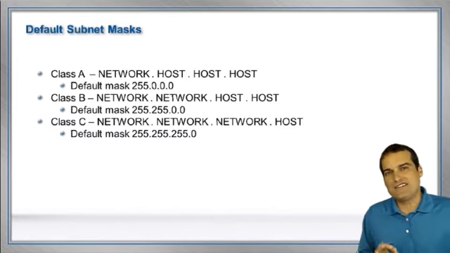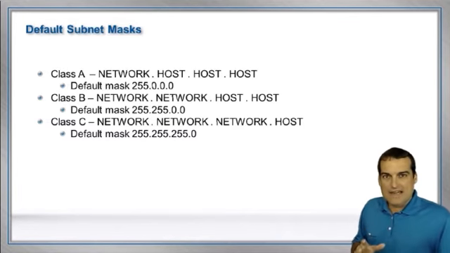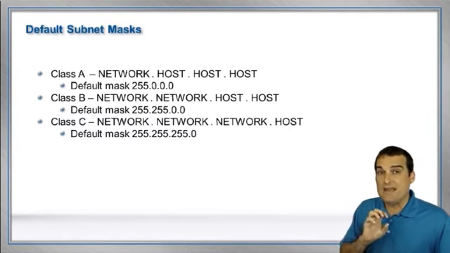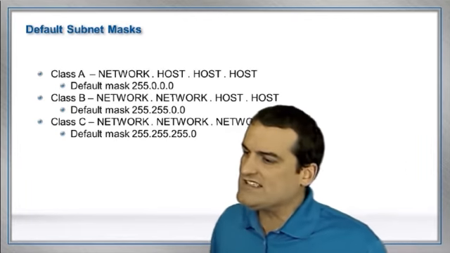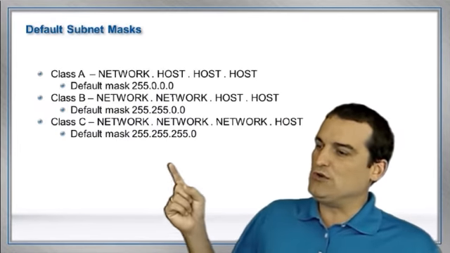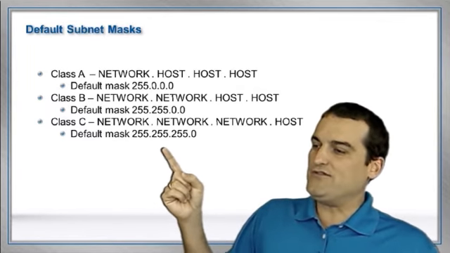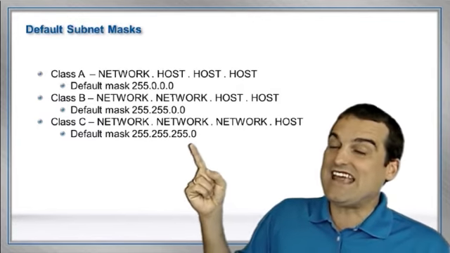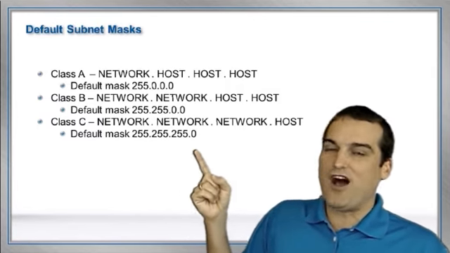When we subnet, folks, and here in the Network Plus Video Mentor series we're going to keep it simple and focused on Class C addresses, what we're going to do is take the mask of 255.255.255 and extend it into this fourth octet.